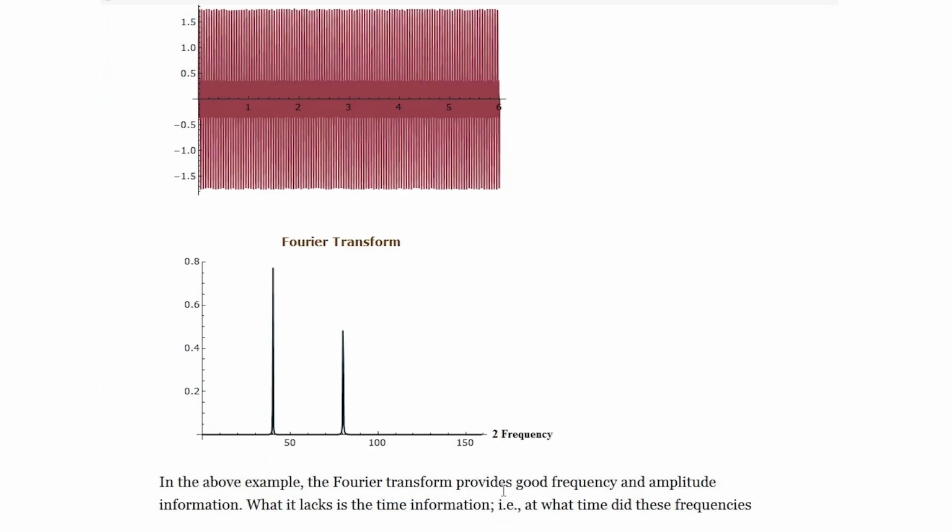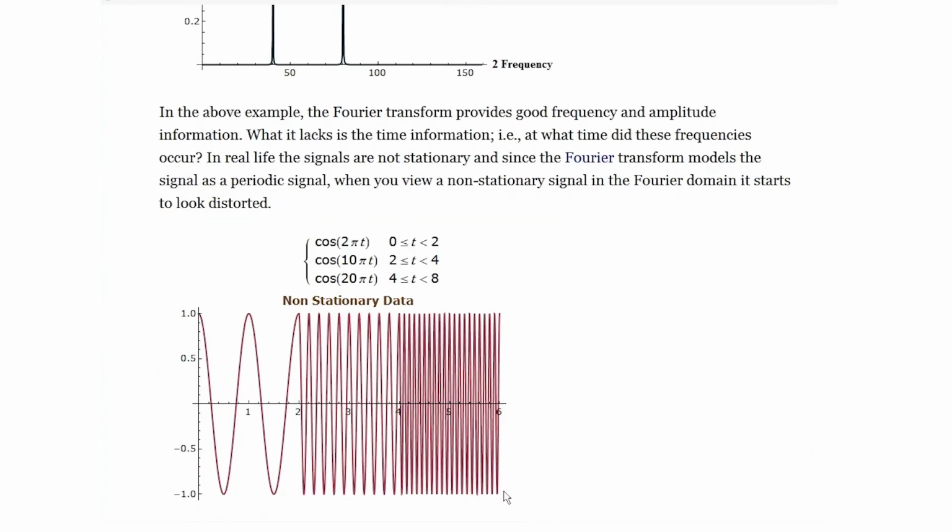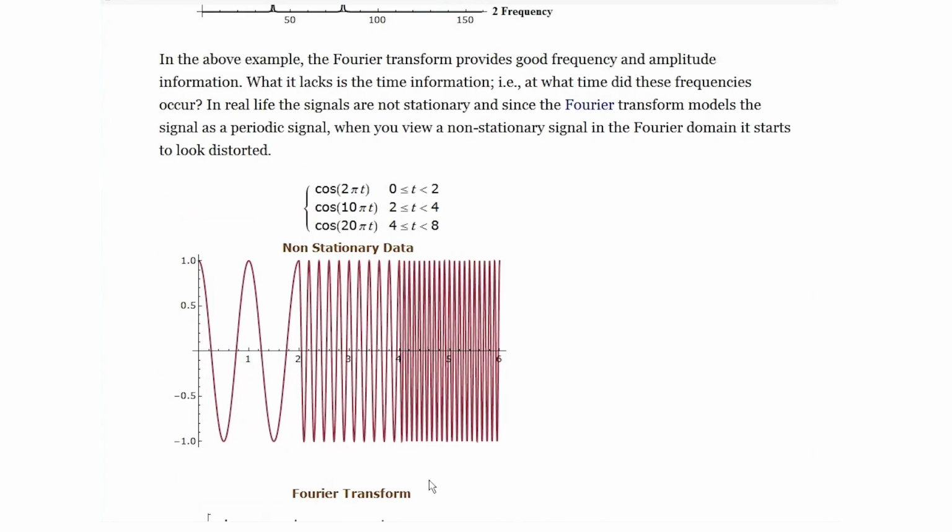In the above example, the Fourier transform gives us very good information about which frequencies were present in the signal. But what happens when the situation is changed and the signal that you're looking at is a non-stationary signal? So as an example, let us consider a non-stationary signal wherein from 0 to 2 you have a signal which has got a certain frequency content to it.